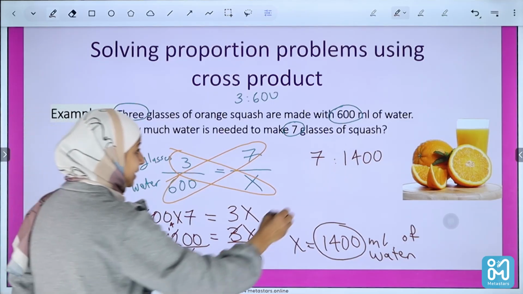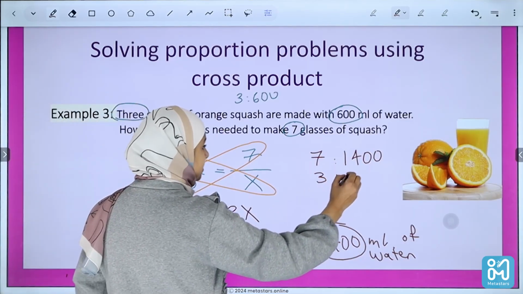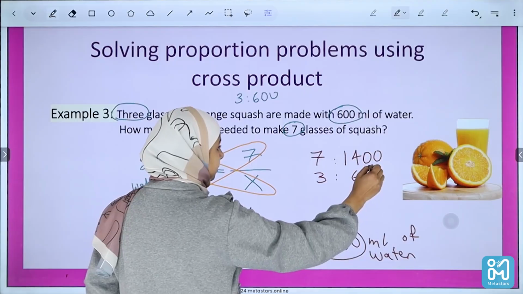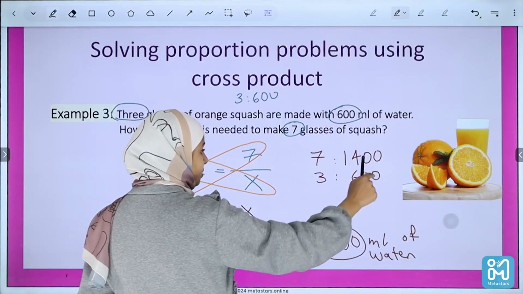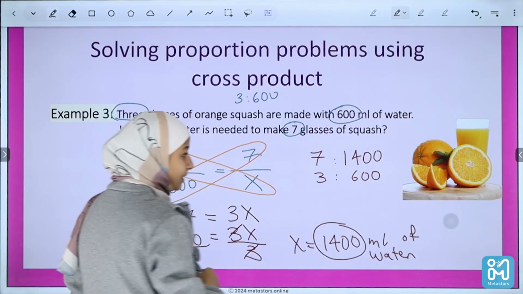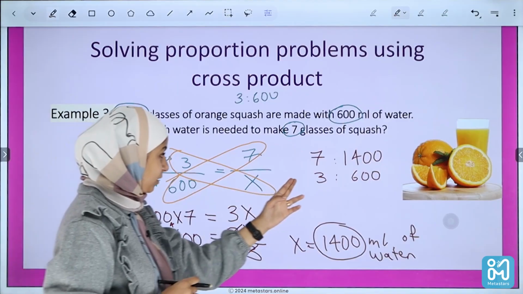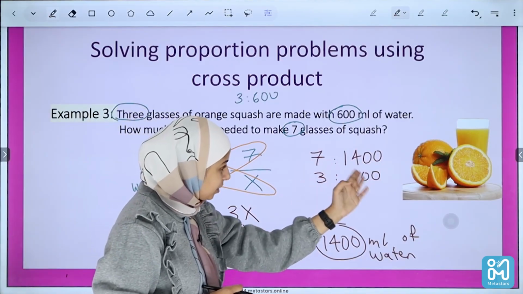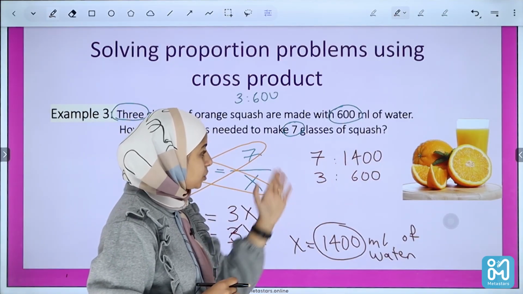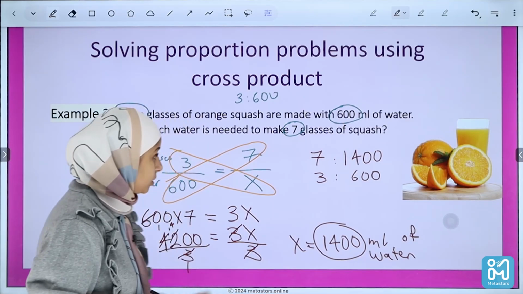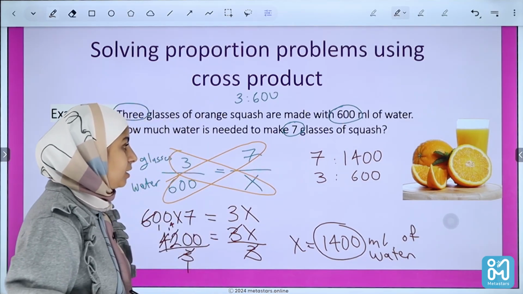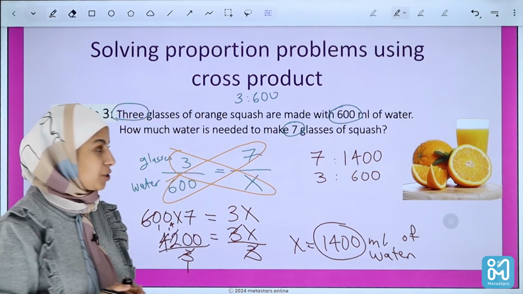Do you think it is equivalent to the first ratio? Yes, it's actually double, okay? 2 times the first part, so they are actually equivalent ratios.